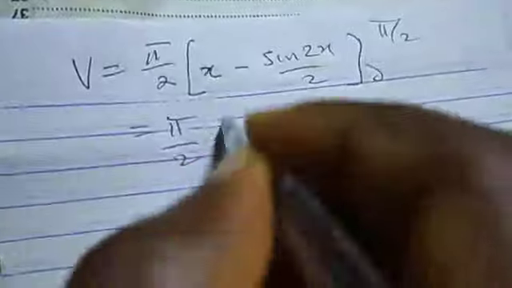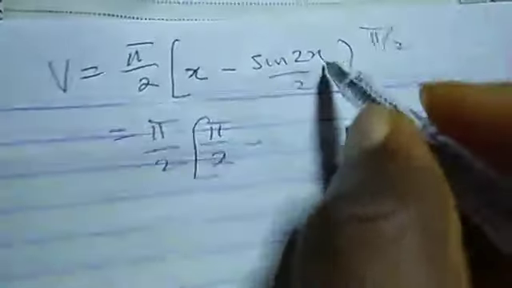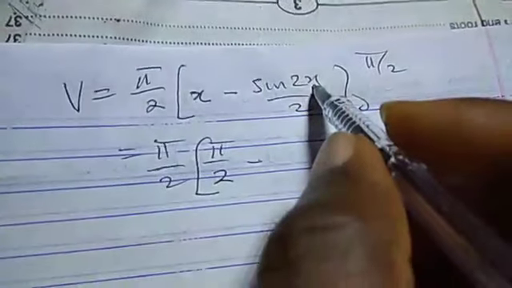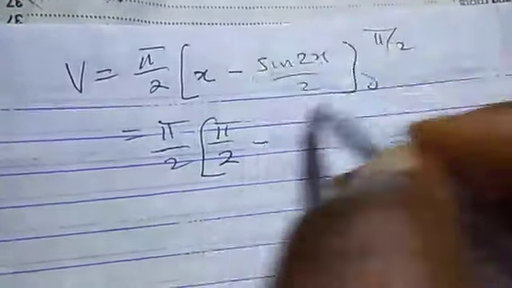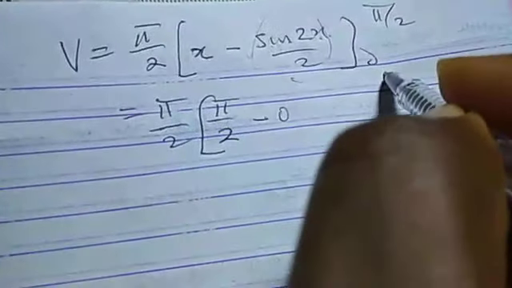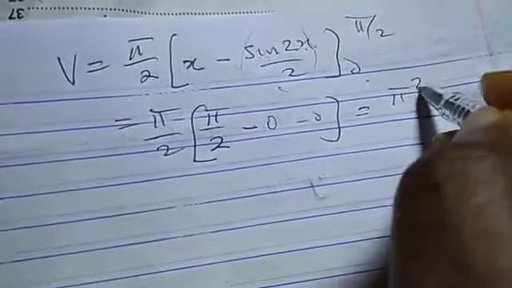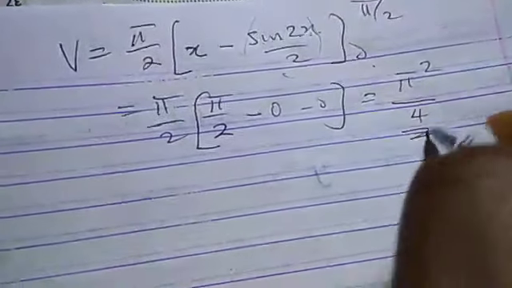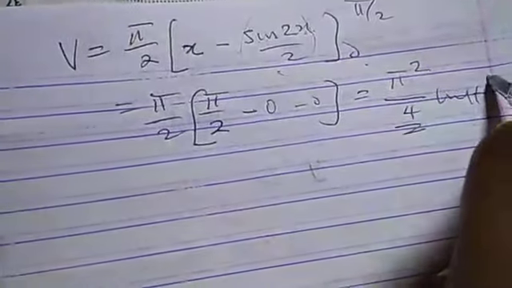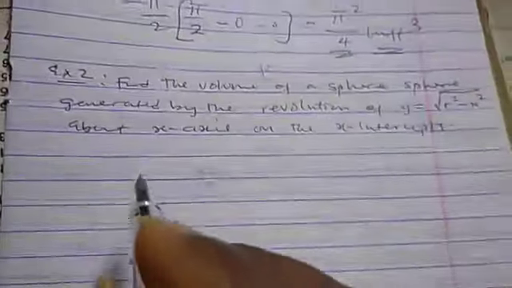So this is pi over 2 into, put x to be pi over 2, minus, if you put x to be pi over 2 here, sin 2 times pi over 2 is 0. And if you put x to be 0, everything is 0. Finally, the answer is pi squared over 4. That will now be unit cube because we are dealing with volume.